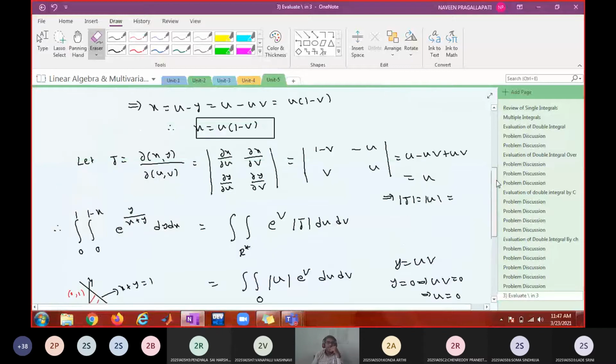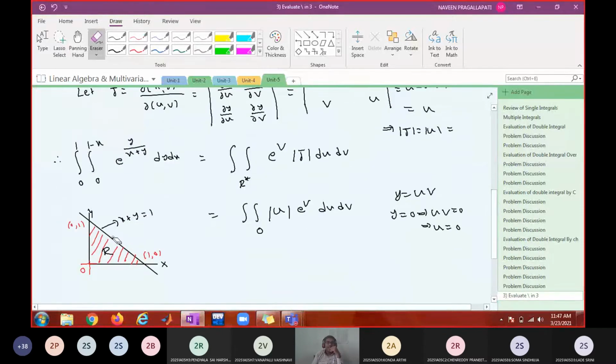It is leaving through, it is entering through this line. The line is entering through y equal to 0 and leaving through y equal to 1 minus x. And here u equal to 0, and here x plus y equal to 1 means u equal to 1, because u equal to x plus y.